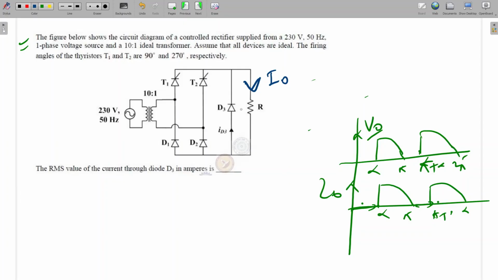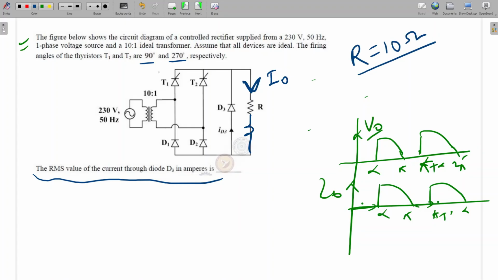I naught is ripple free means this will flow in this one. So alpha is given, R value should also be given. Then only we can calculate I naught. Otherwise, the I naught value should be given. Either R should be given, like this is, let's say, RL load, and I'm assuming the R value as 10 ohm.